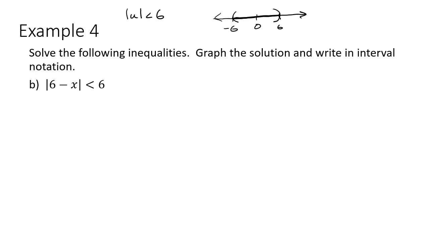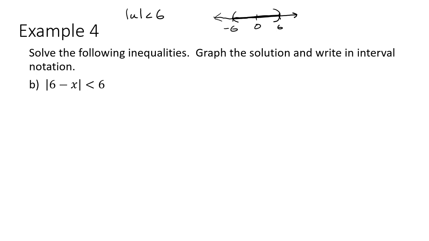Now, one thing to note here is that in the previous slide where I was giving the explanation for these, I only used strict inequality symbols, but it would work the same way if you had or equal to. It would just then include the endpoints instead of excluding them. So same idea. But in this case, we've got strictly less than 6.